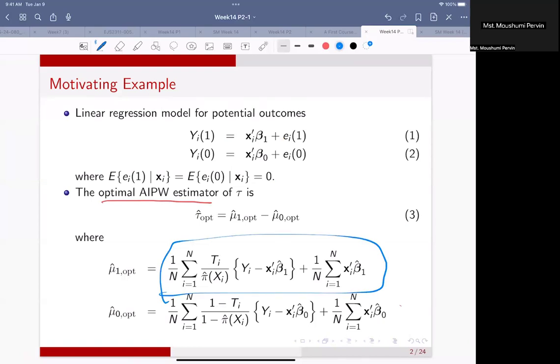And another one is, as I just explained, the augmented regression estimator. So if the response model is correct, we have two estimators. One is this one, the other one is actually using the augmented. And you may wonder which one is better.